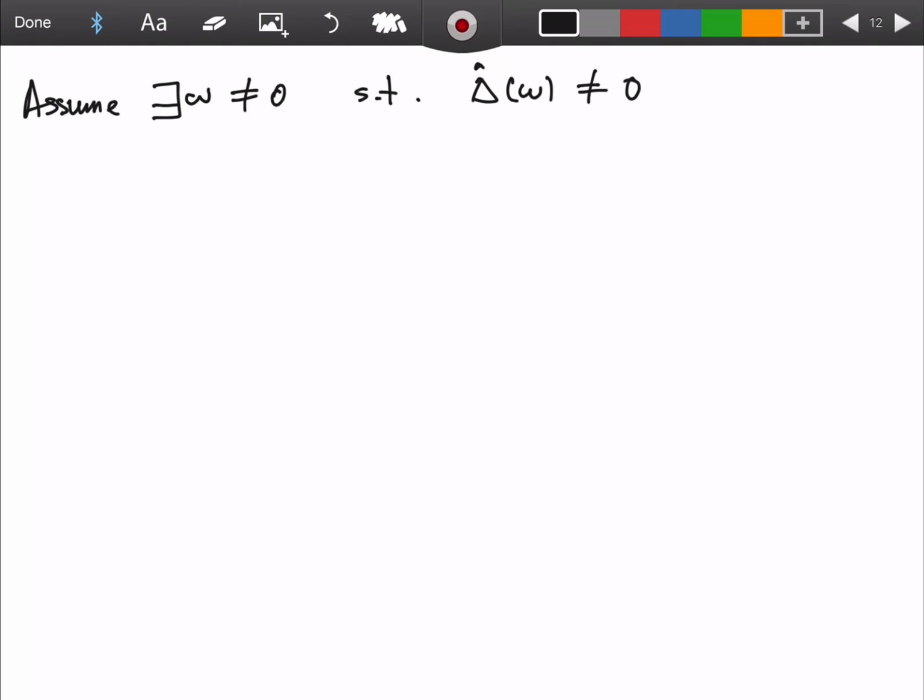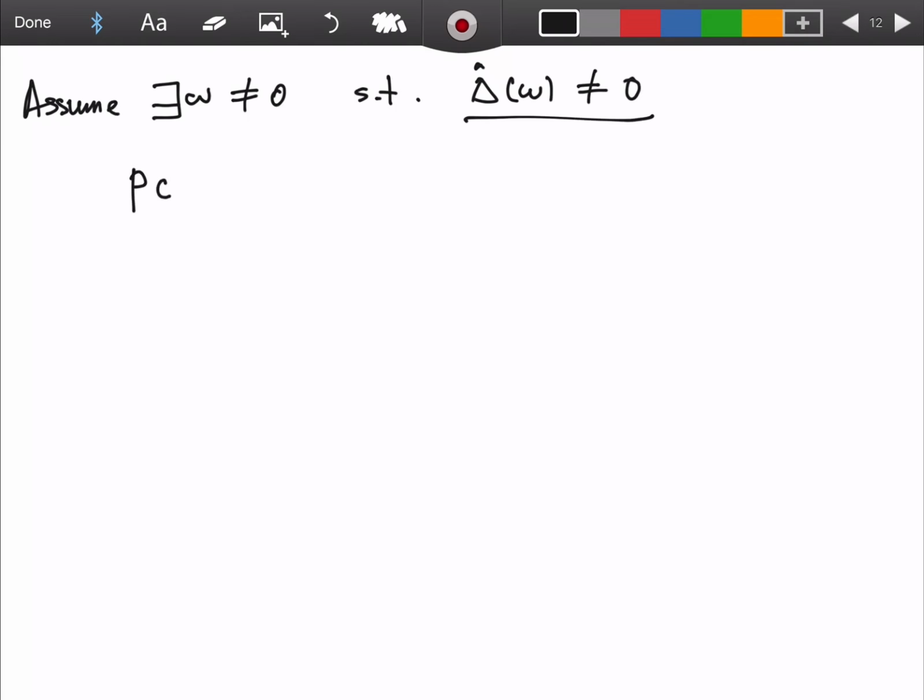I'm assuming something that will contradict something else. This will lead to the fact that delta hat of omega is identically equal to 0 at every point. So let's assume that this is indeed the case.